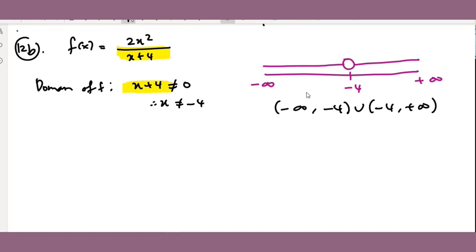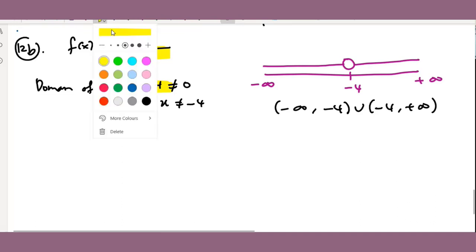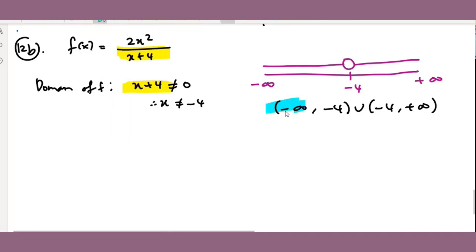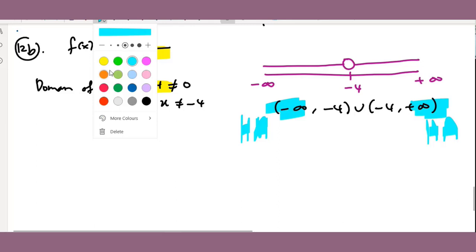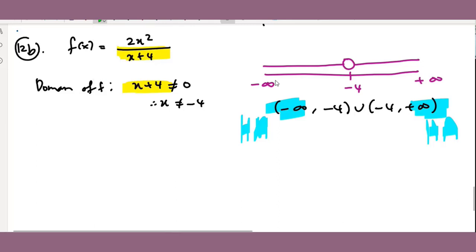And now you need to check. Okay, this one tends to negative infinity, positive infinity, maybe will produce a horizontal asymptote. And for this one, exclude. Okay, negative 4 here maybe a vertical asymptote. So you need to check.